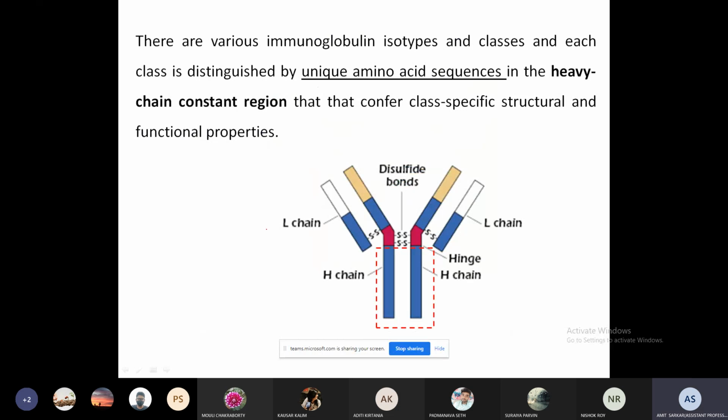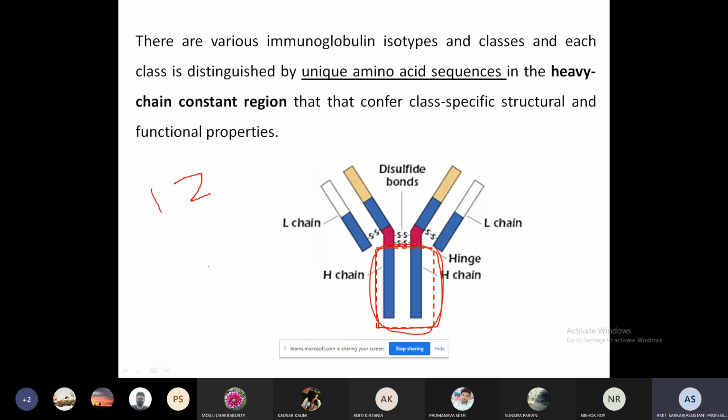What is the basis of making them different classes? The basis is the heavy chain constant region. Although, as I said, the heavy chain constant region remains the same across all the antibodies, class-wise they are different. That means for one particular class, we will get one particular heavy chain constant region.